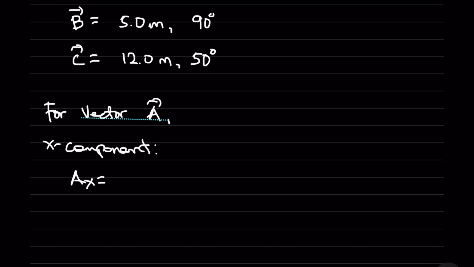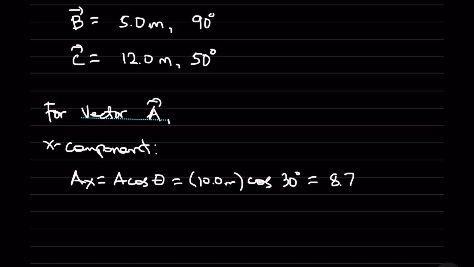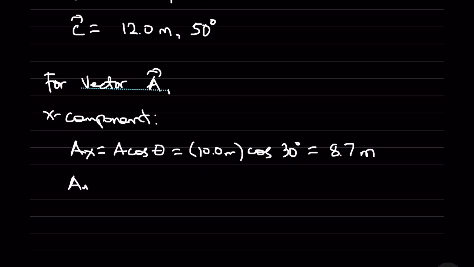The next step is to find the x and y components of the three vectors. Remember that our approach here is to find the components, and then we add the similar components to find the components of the resultant.